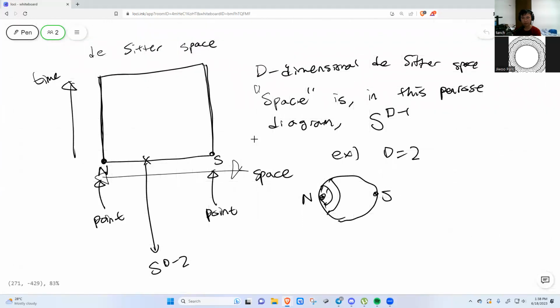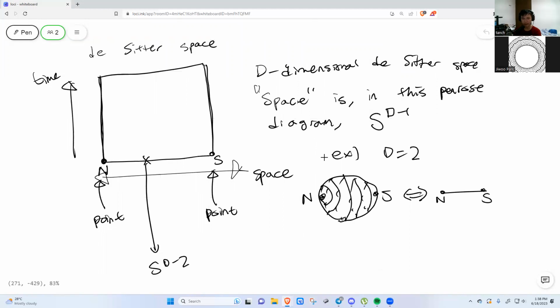You slice it. So the drawing on the left is a two-dimensional de Sitter space, where the one-sphere is just a line segment. It is a Penrose diagram.